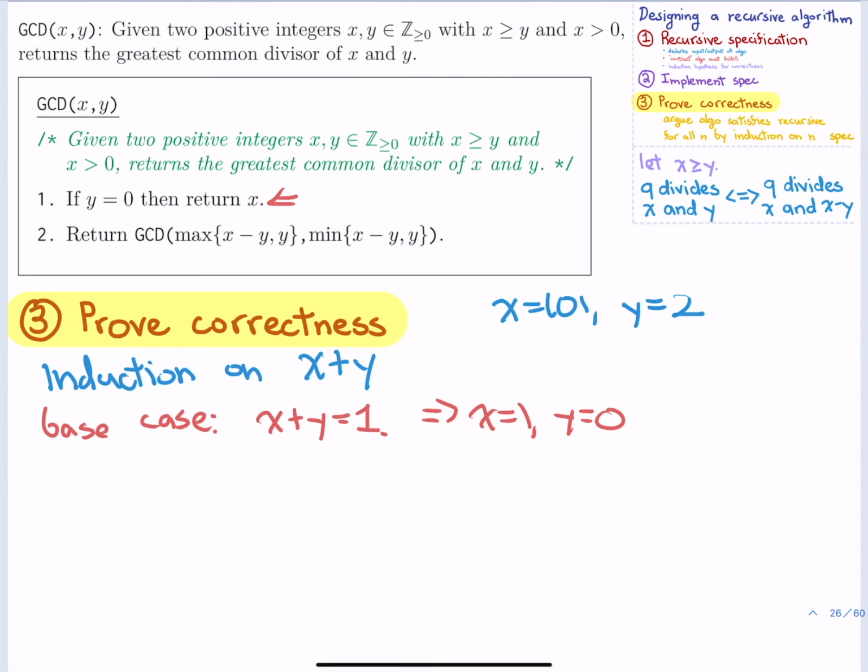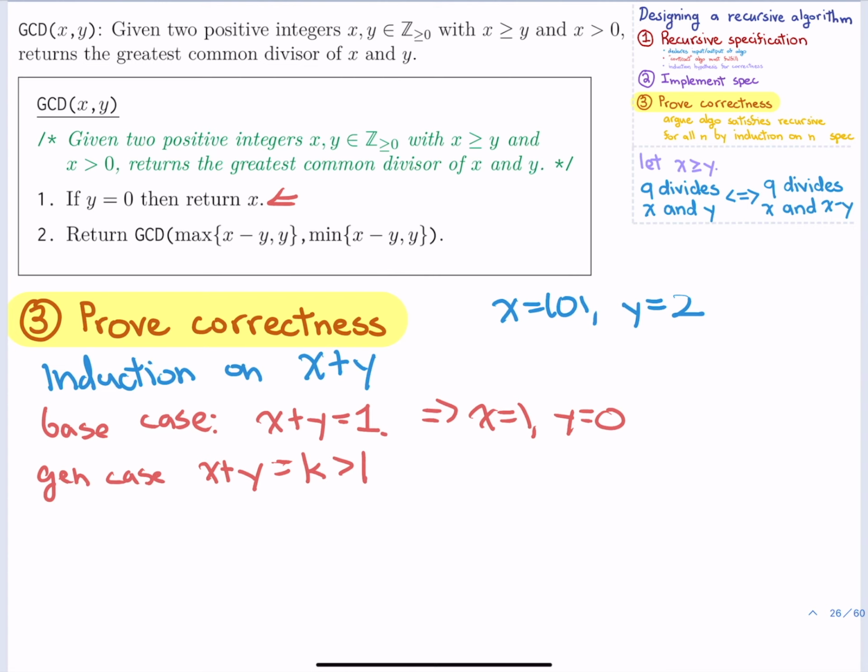All right. In the general case, x plus y is bigger than 1. By induction, the algorithm will work whenever x plus y is smaller than the current value of x plus y. Let's say x plus y is equal to some value k, which is bigger than 1.